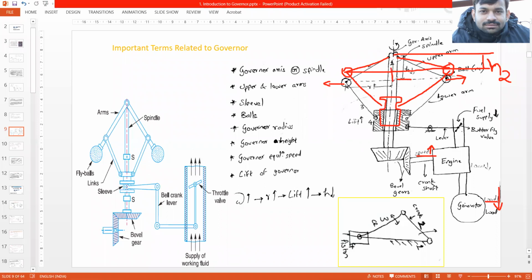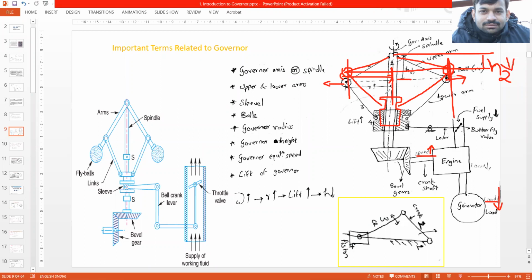And if you have been listening to me closely, you will realize that the radius of the governor has increased. So as the speed increases, the radius of the governor increases, but the height of the governor reduces.